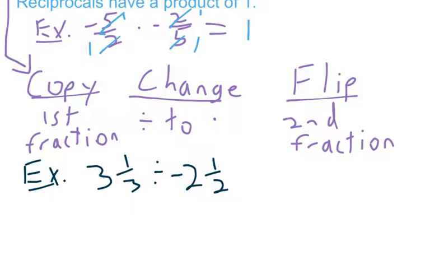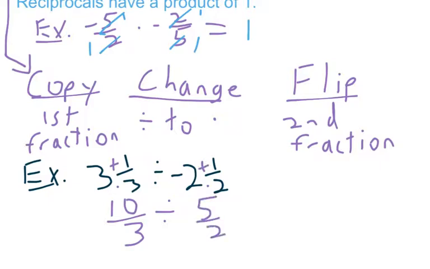So times and add. I'm going to do 3 times 3 is 9 plus 1 is 10 over 3. Divided by, don't do that copy, change, flip first. You want to make sure that you're getting the improper fractions first. So 2 times 2 is 4, plus the 1 gives me 5 over 2, and don't forget that's a negative.